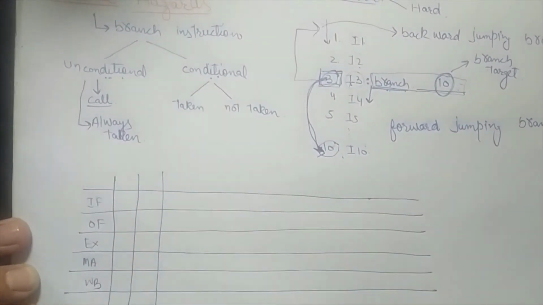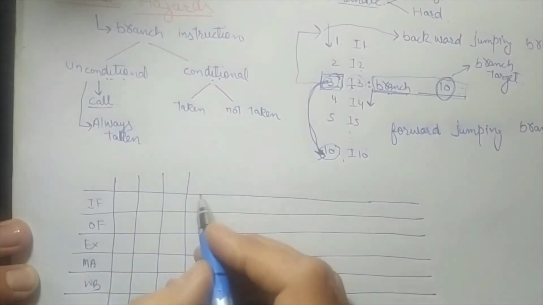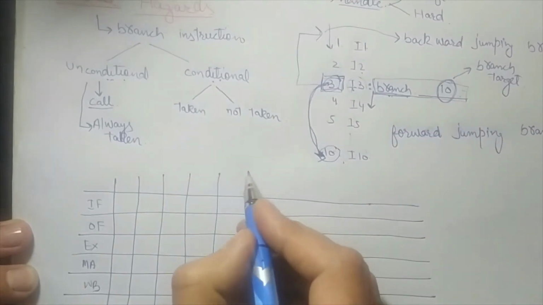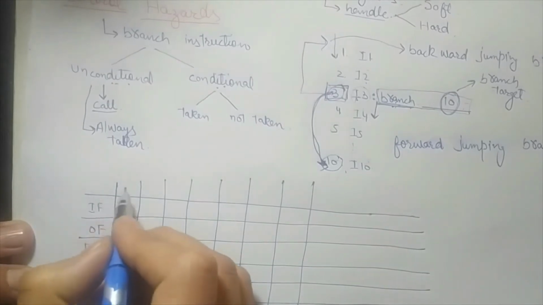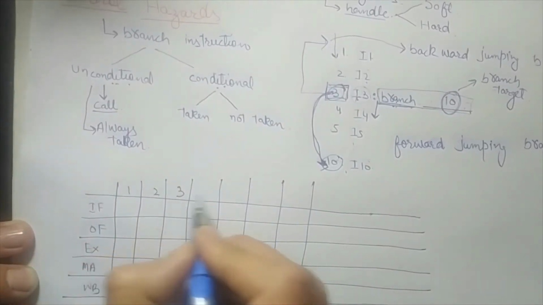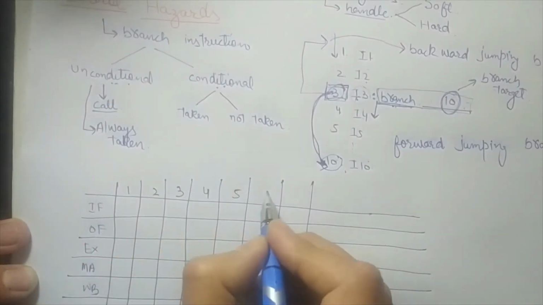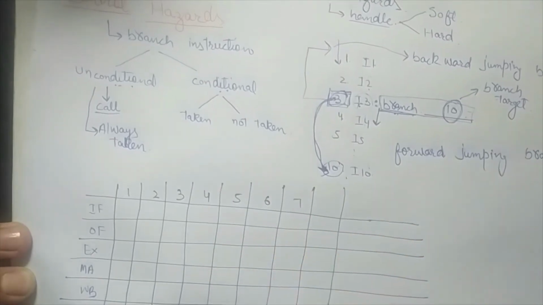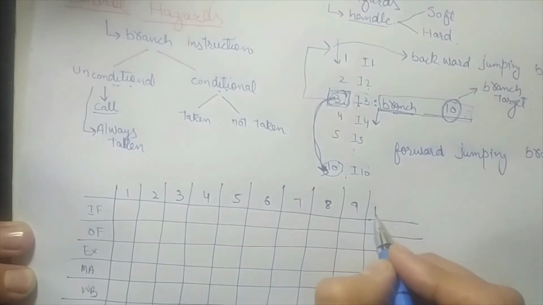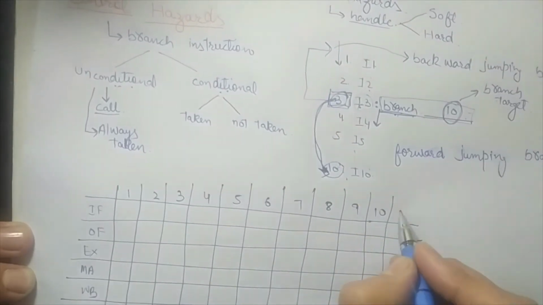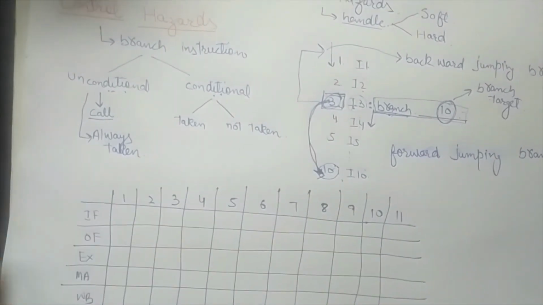And these are our cycles. This is our cycle 1, cycle 2, cycle 3, cycle 4, cycle 5, 6, 7, 8, 9, 10, 11. Okay, so now let's see how this program is executed.